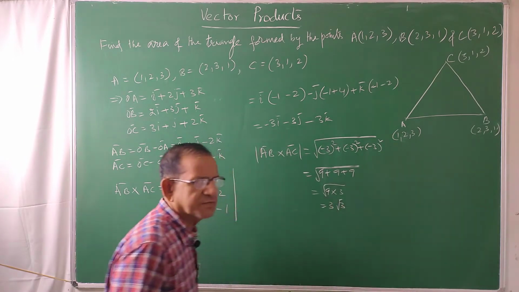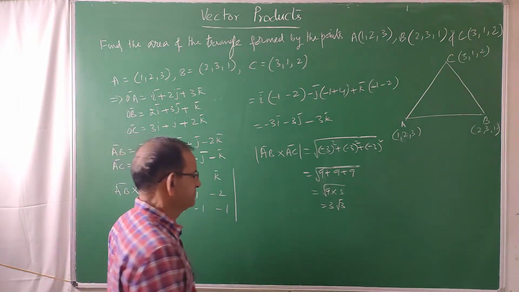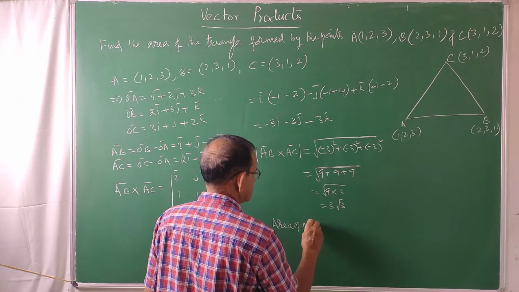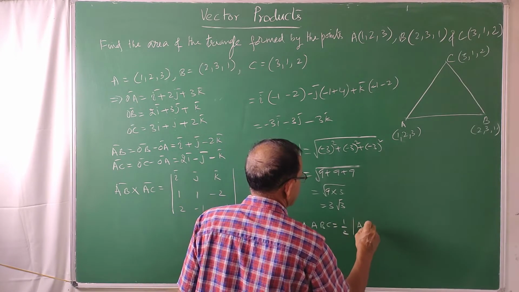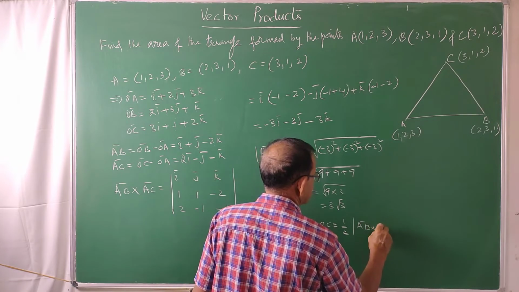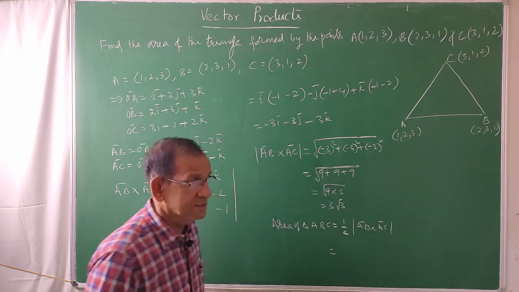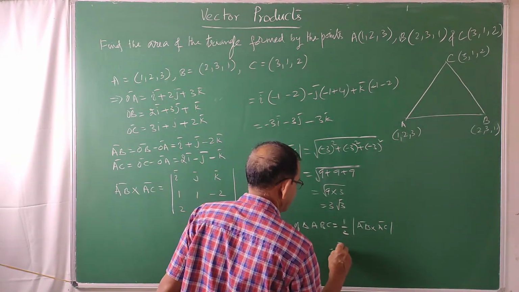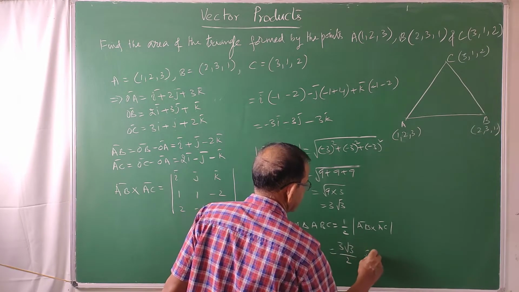It is the modulus of AB bar cross AC bar. Now area of triangle ABC is half into modulus of AB bar cross AC bar, which is 3 root 3 by 2 square units.